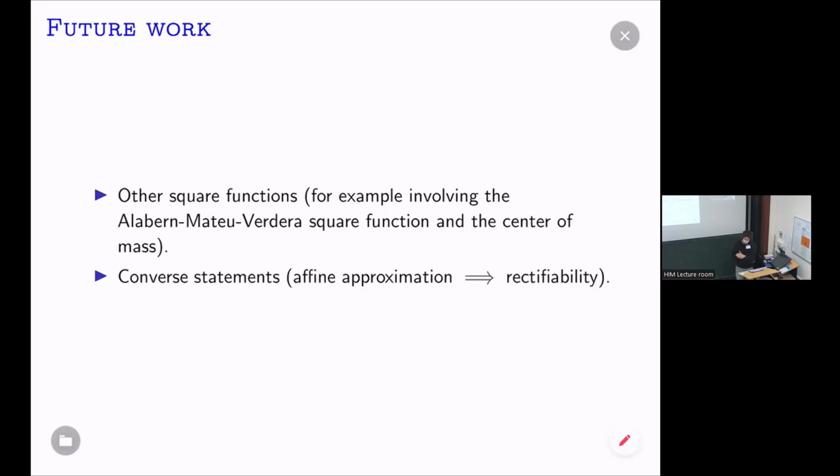So it could be interesting for people that study differentiation in metric spaces. And also a possible question is whether converse statements hold. So if we show that if you have good geometry, then we have some quantitative approximation of Lipschitz functions, is some form of reverse statement true? And of course, I'm done.